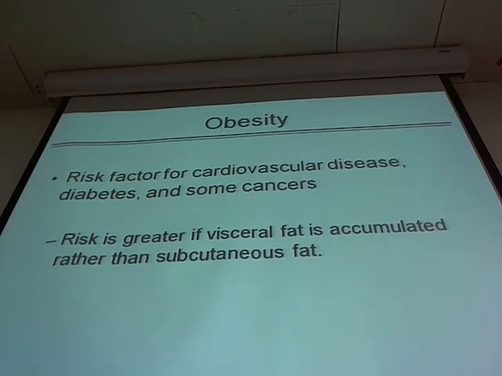As you put on more weight, you become more insulin resistant. The insulin resistance drives your hemoglobin A1C up and drives your predisposition for type 2 diabetes. Not only are you insulin resistant, the insulin doesn't function as well.